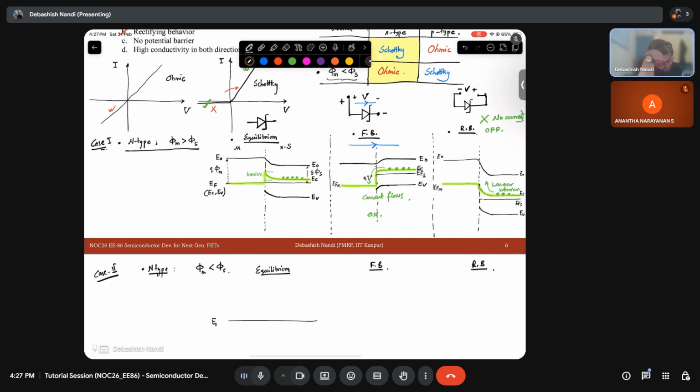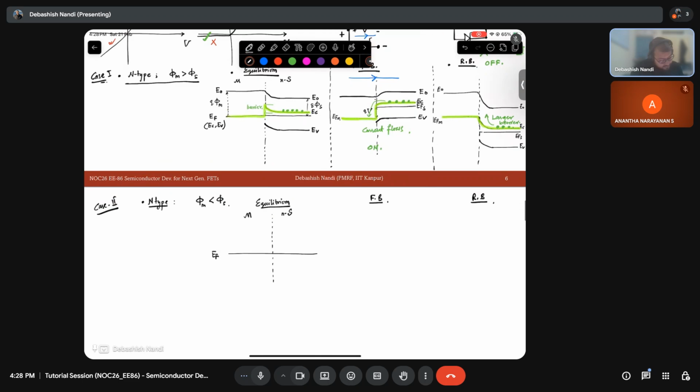At equilibrium EF is constant. Let's say this is metal, this is N-type semiconductor. This is, let's say, E0, this is your EC, this is your EV.